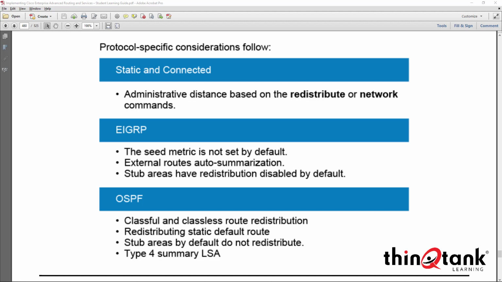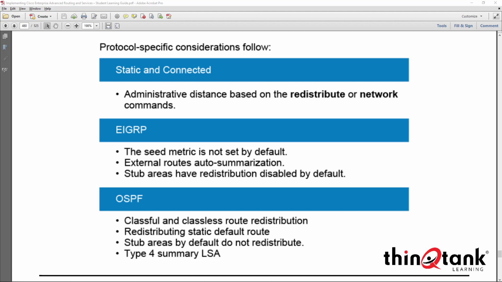Also, EIGRP will not auto-summarize external routes unless you have a connected route or an internal EIGRP route in the routing table from that same major network of the external routes. So, for example, if I'm redistributing maybe 20 or 30 external routes, and they're consecutive routes, I cannot summarize those consecutive routes unless I also have an internal route or a connected route that's part of EIGRP that falls within that same scope.